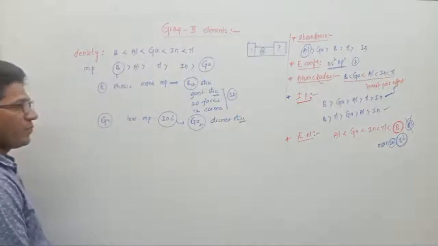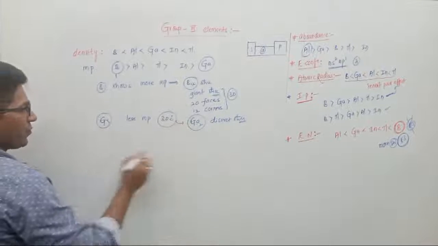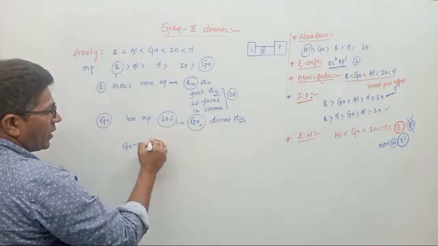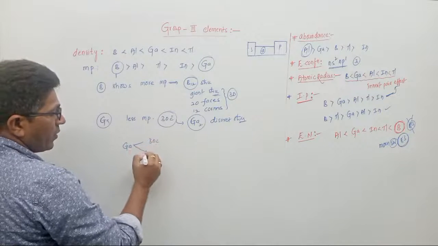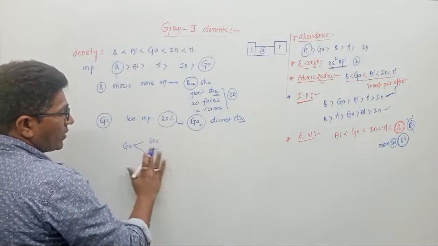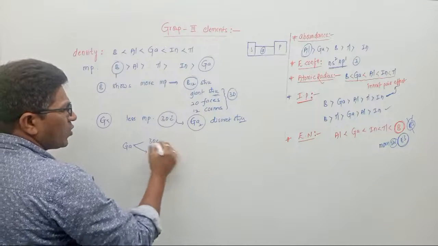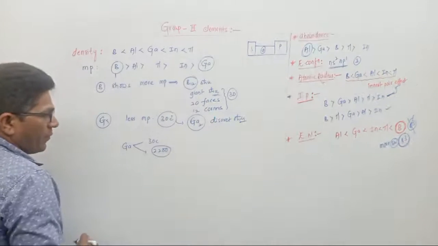Gallium shows 30 degrees as the melting point, and the boiling point is almost 2200, nearly 2230 or 40.